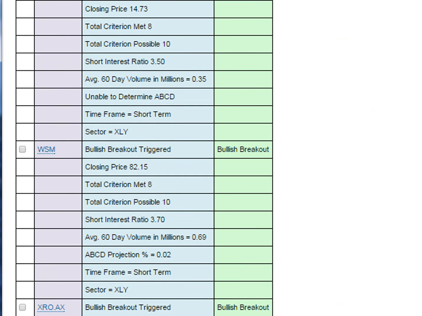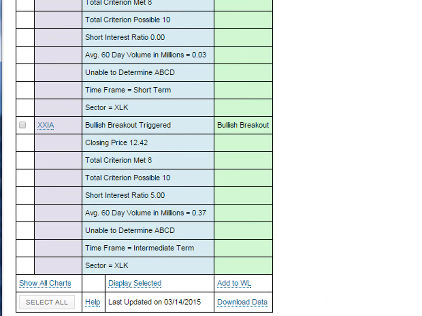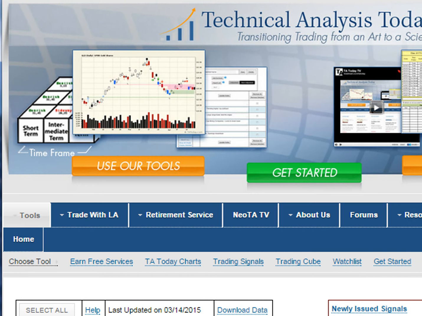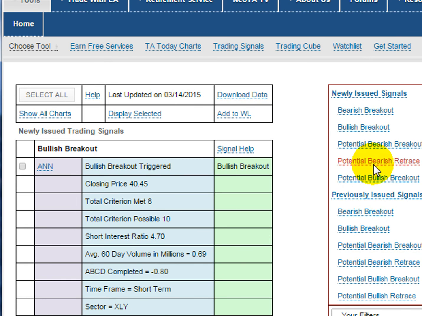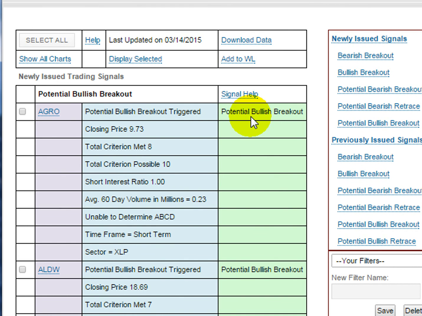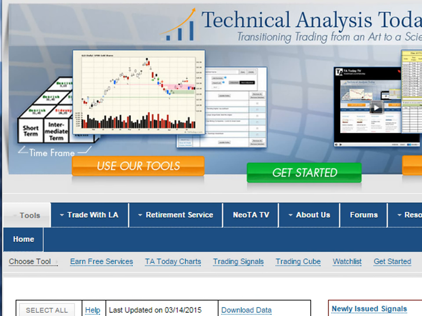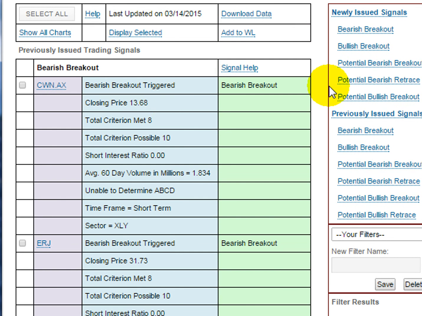All of these will be bullish breakouts. In other words, it filters down to just those. If we clicked on any of those, it's going to filter us down to just those types of signals. So for example, I just clicked on bullish breakout potential, and that's what we get. Now if I go to previously issued, I'm going to only see those previously issued ones. In other words, this is your filter criteria.